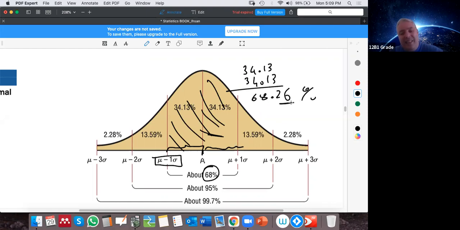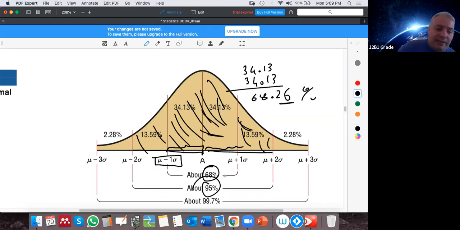We are not saying 0.26, so approximately 68%. When I have mu minus 2 sigma to mu plus 2 sigma, this total area, which is the probability, is 95%. And when we talk about mu minus 3 sigma and mu plus 3 sigma, this is 99.7%.